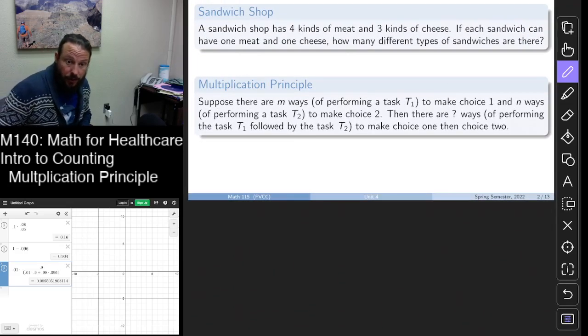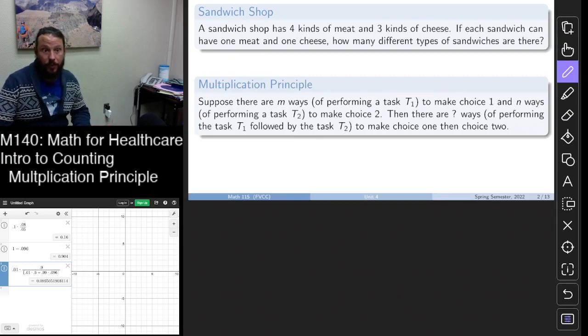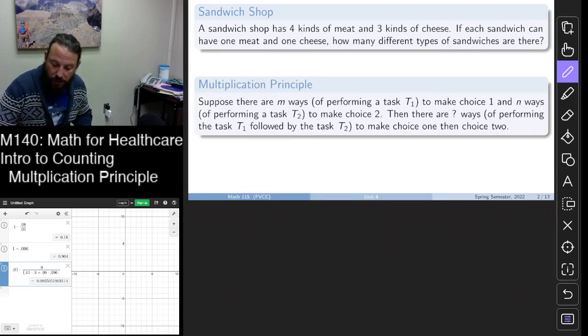This is actually basically a tree diagram. What do we have? We have 4 different kinds of meats. So that's 4 branches right off the bat.